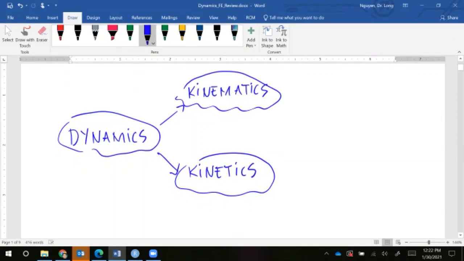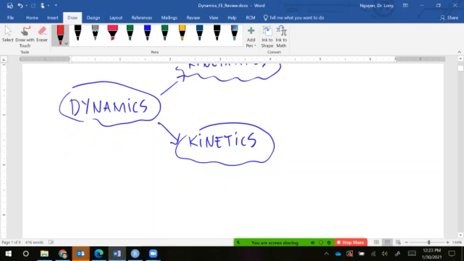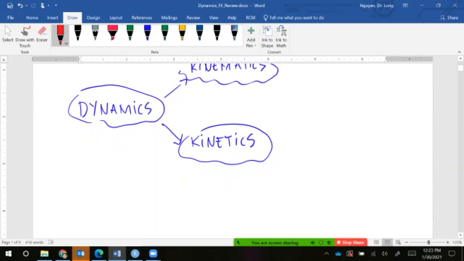The first equation, very important, is the relative motion that applies for both particle and rigid body. I think just try to recall what we learned, right? So if we have the two particles A and B, then in terms of the velocity, and we talk about vectors, of course, you can have distance, you can have the acceleration.